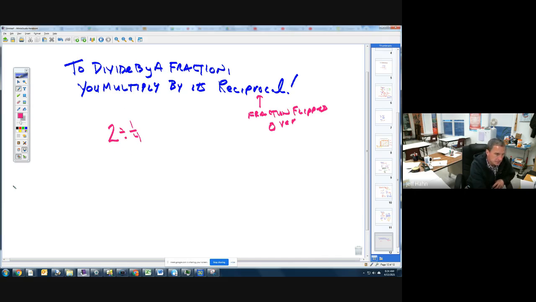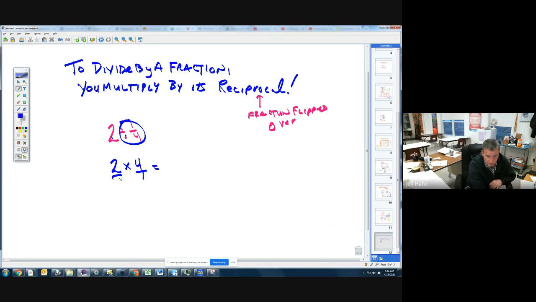Rather than drawing all these pictures, we can simply do this. We write the number 2 down. It's the second part that changes, never the first part. To divide by a fraction, I flip it over and turn it into a multiplication problem. So 2 divided by 1/4 is the exact same as 2 times 4/1.